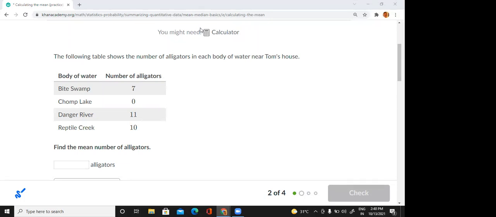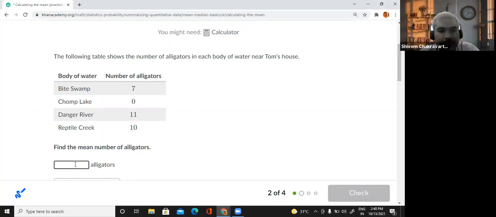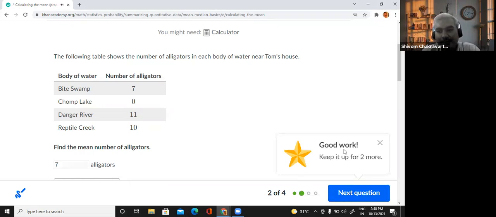28 divided by 4. Yes, 28 divided by 4, that will be 7, isn't it? You write 7 or you write 28 divided by 4, it will recognize. Good work. See, such encouraging messages it will keep flashing. And once you log in, I'm already logged in.